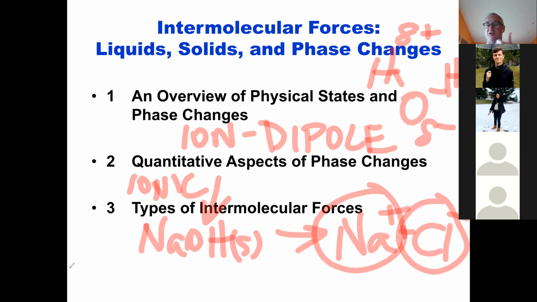It also explains why some ionic substances are not soluble in water. Remember we talked about which ionic substances were not soluble in water? Do you remember what kinds they were? Iodine? Iodine is not, that's I2.